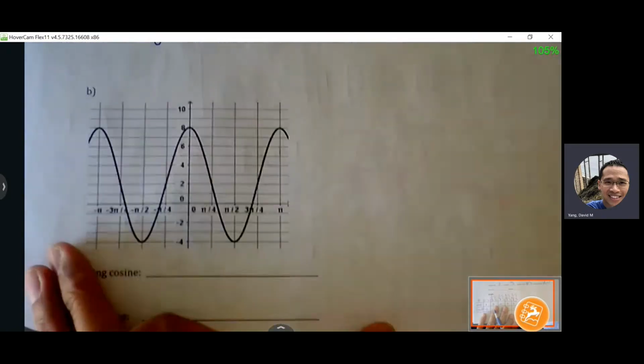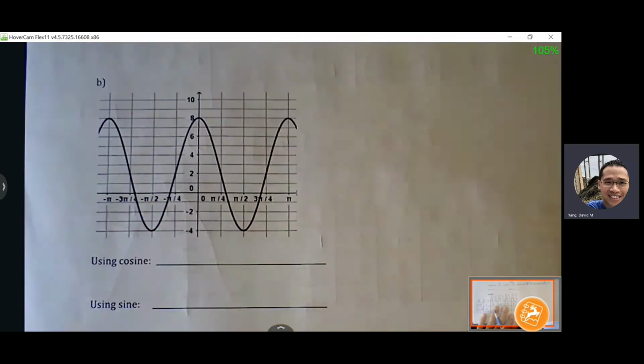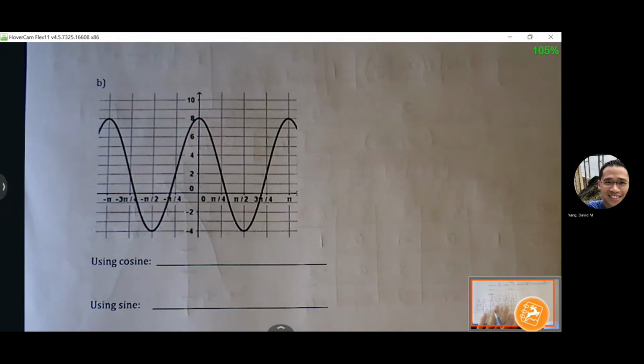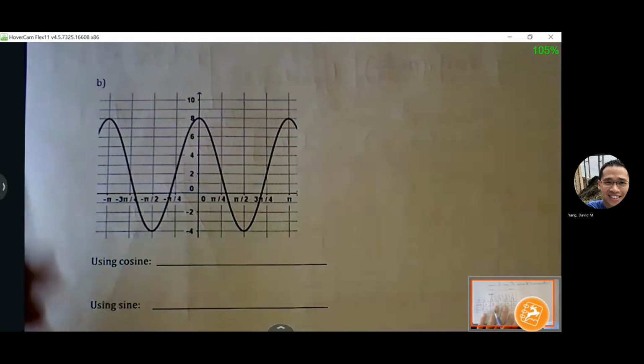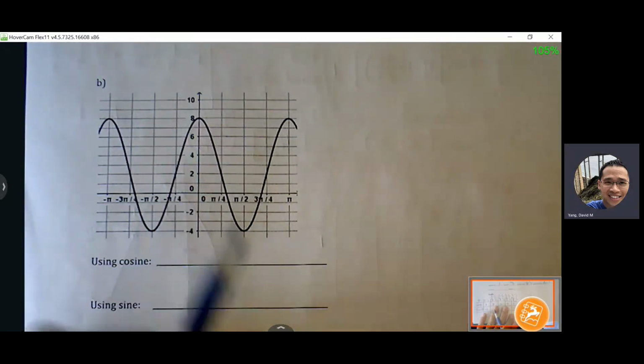We did B already as well, but let's just get that additional practice in. You can tell that this center is not at 0.